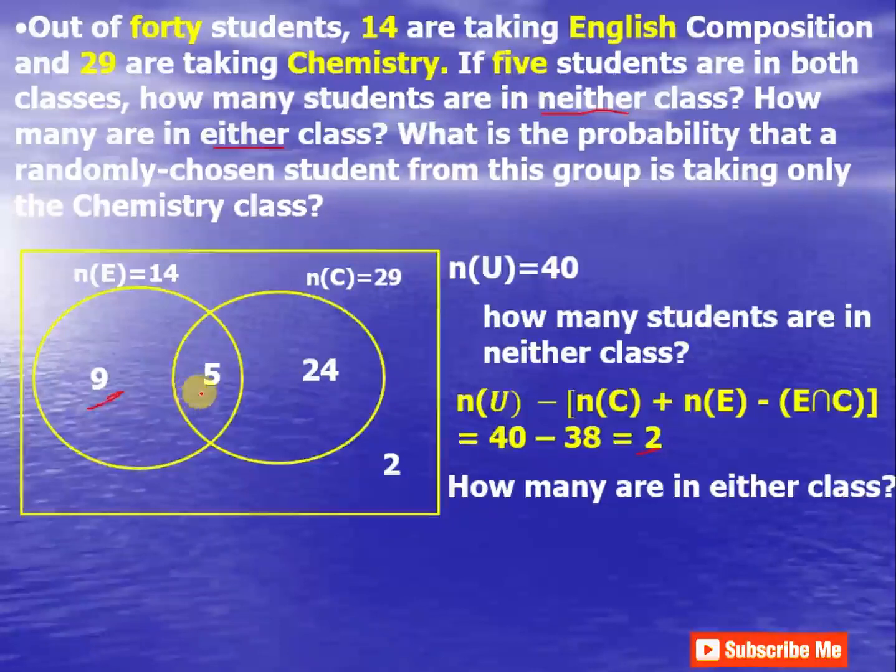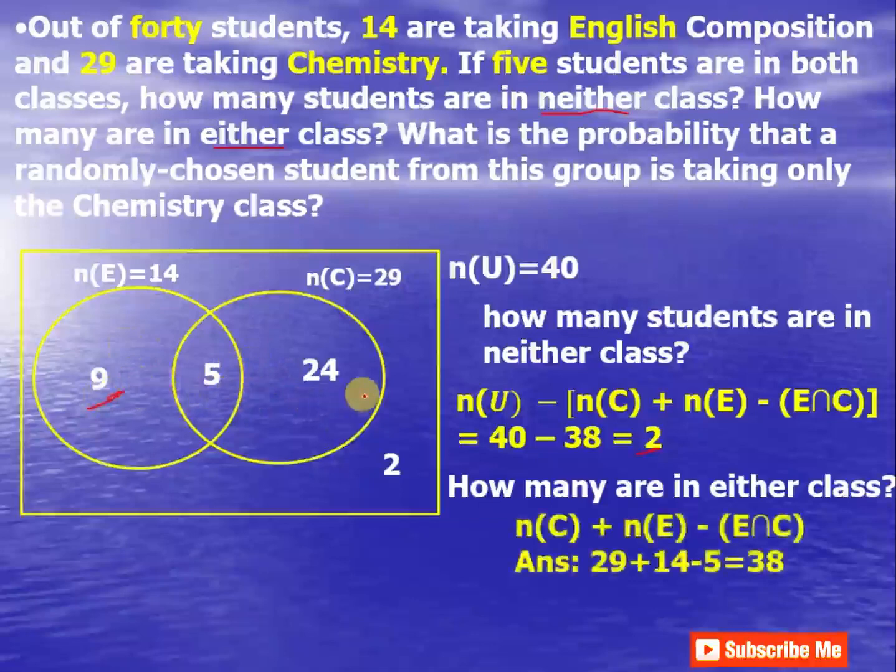Okay. In another question, they may ask you how many students are in English or chemistry class. The order is the same as this statement here. It can also be, find E union C. So you are still combining the 2 circles together. So 9 plus 5 plus 24, that gives me what? 38.